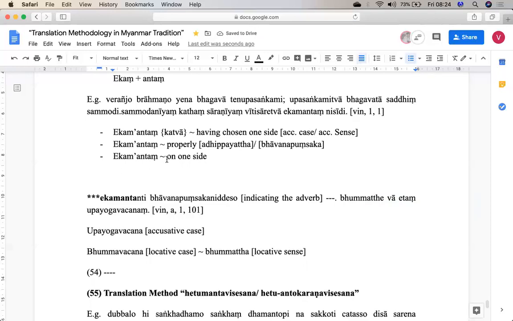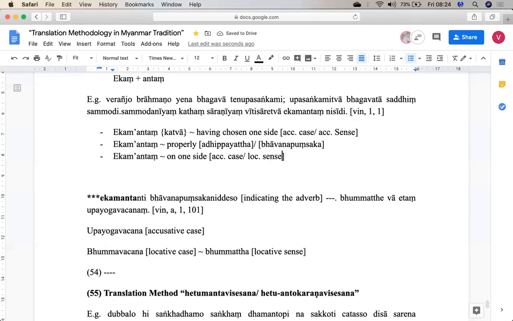So here, on is located sense. Accusative case, located sense.